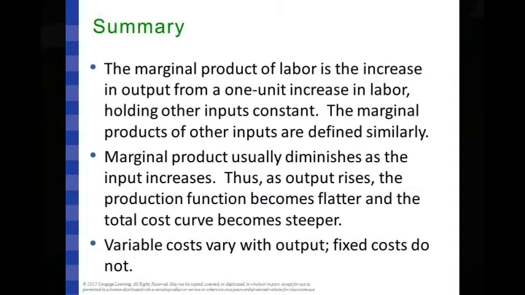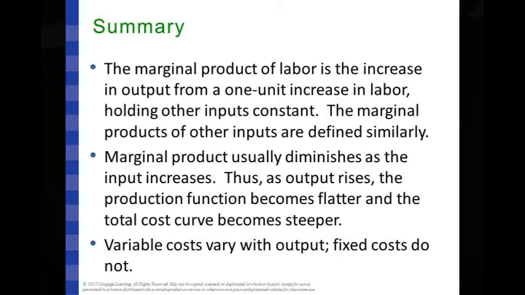A firm's cost reflects its production process. A typical firm's production function gets flatter as the quantity of an input increases, displaying the property of diminishing marginal product. As a result, the firm's total cost gets steeper as the quantity produced rises.